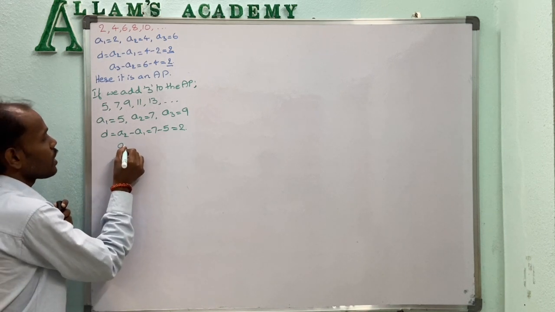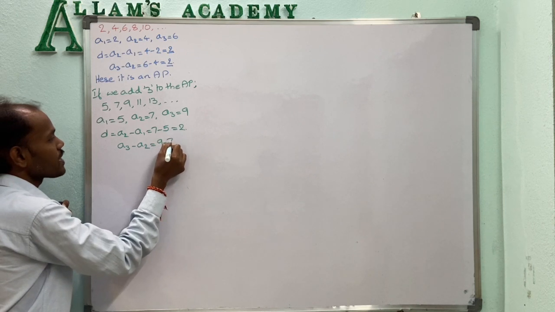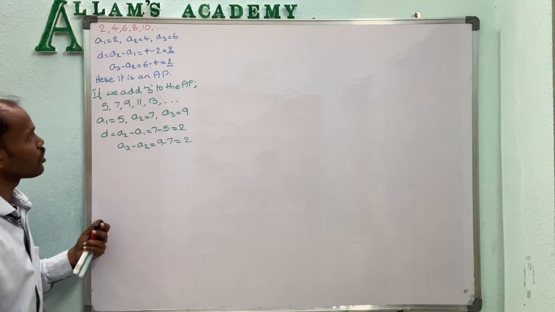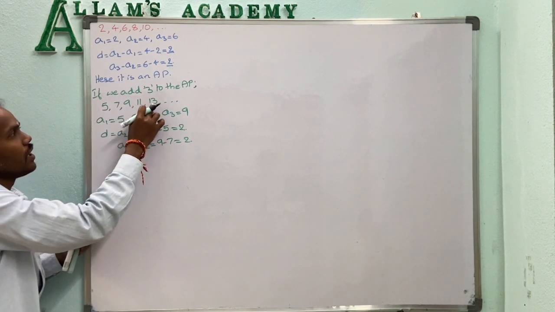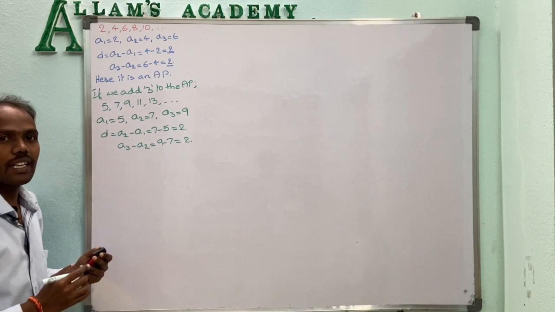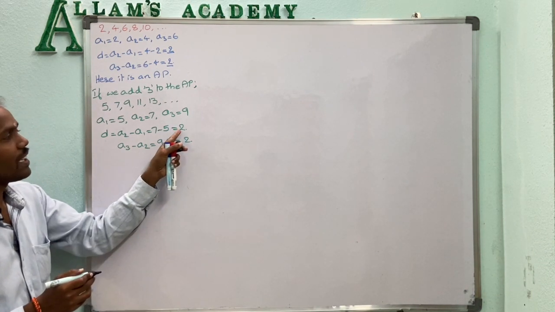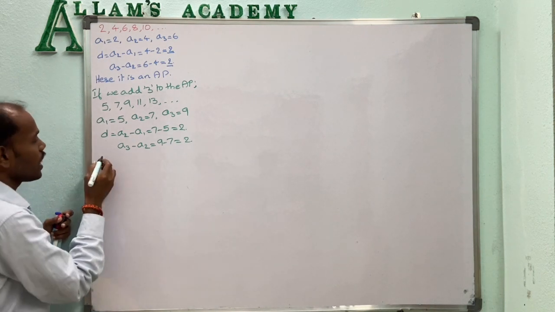Next, A3 minus A2, that is 9 minus 7, is also 2. Next, 11 minus 9 is also 2. Next, 13 minus 11 is also 2. So here also the common difference is the same, so it also forms an AP.